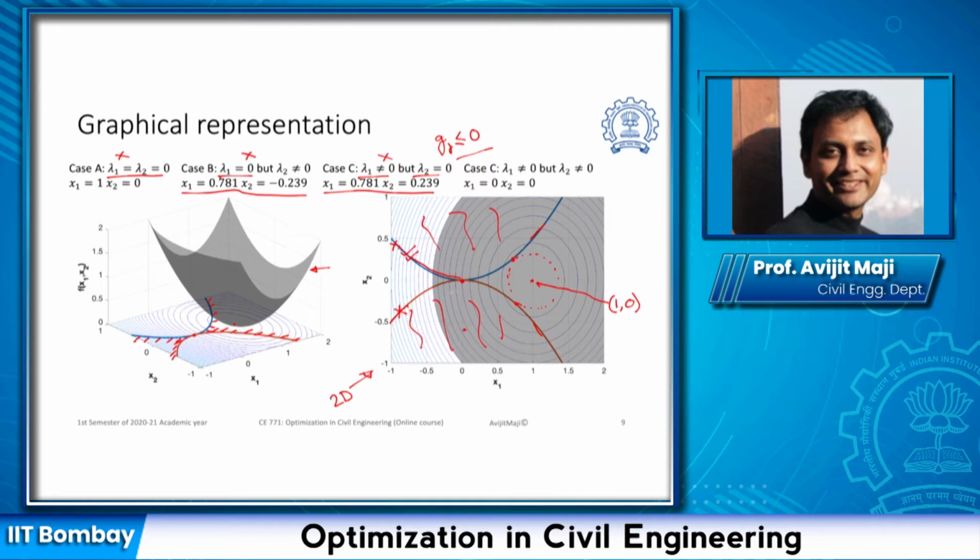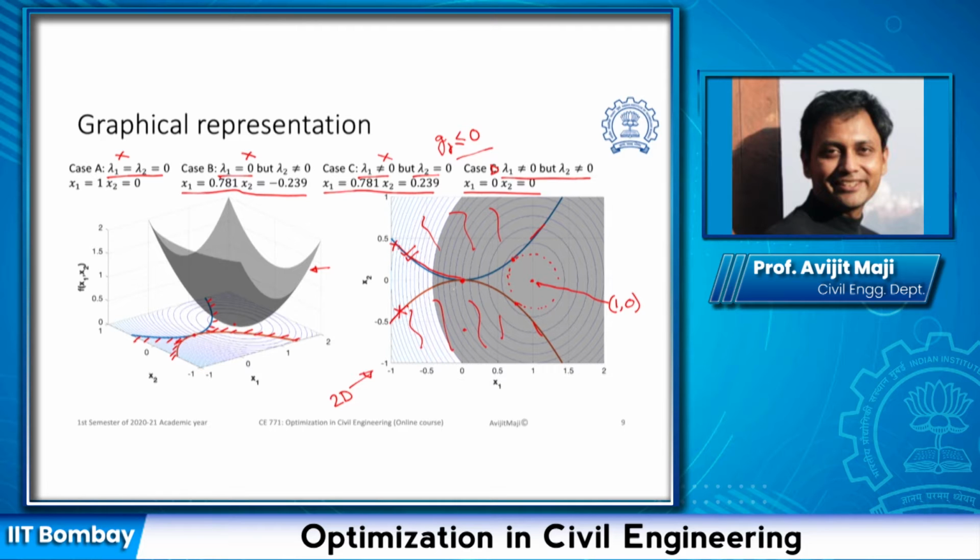Now we are left with the last case, which is case D, and in this case we said both constraints are active. If both constraints are active, we obtain the values of the design variables as 0 and 0, which is exactly this point, the point where my constraints meet each other. And there is only one point where my constraints meet.